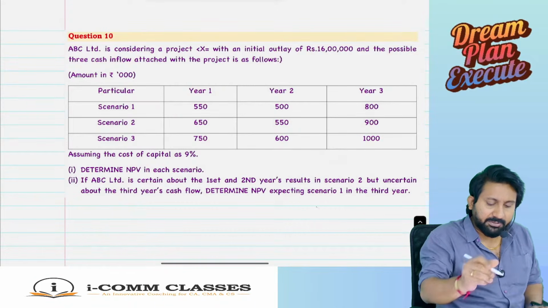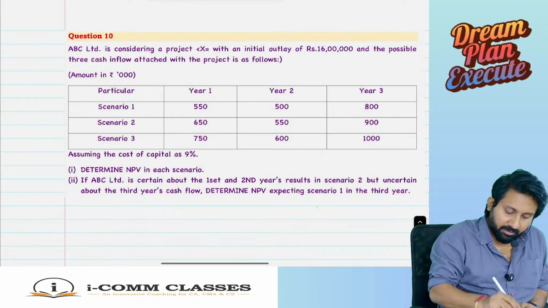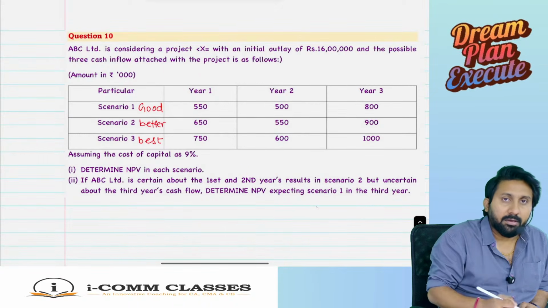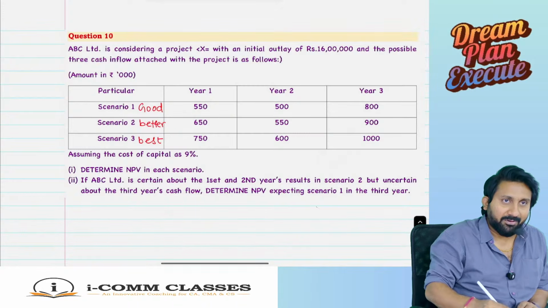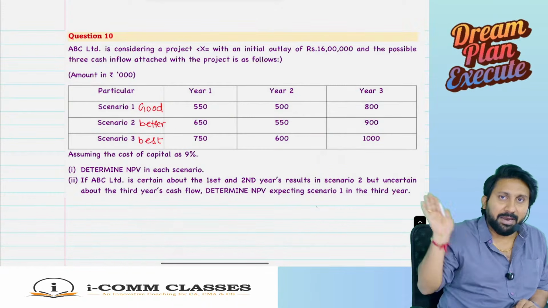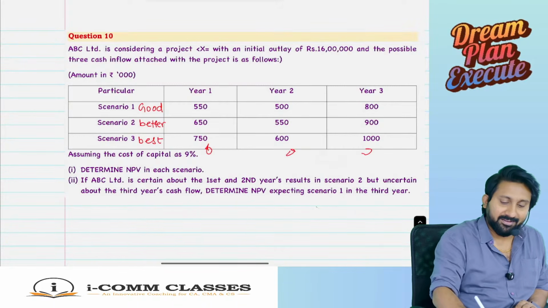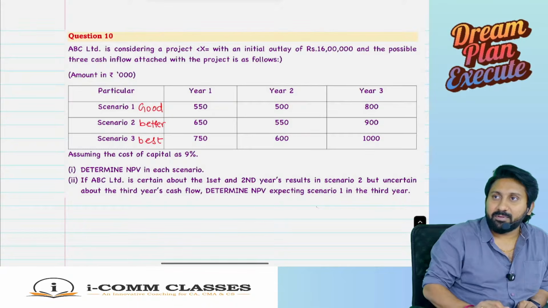Okay. Observe the scenario this way. Please see the screen. Good, better. That's for you. Fourth scenario. Okay. Best for you, bad. Fourth scenario you add 0, 0, 0. So see there.